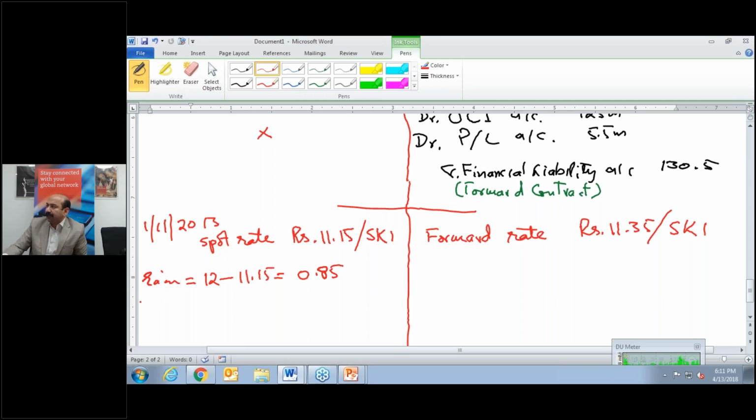Okay, so we can calculate here the total gain. Total gain is equal to 0.85 into 50 million. This will give us 42.5.